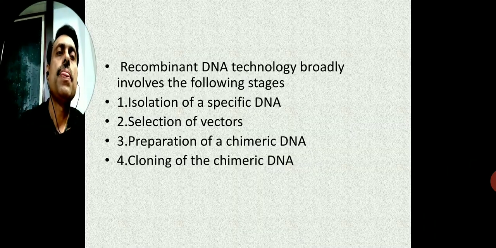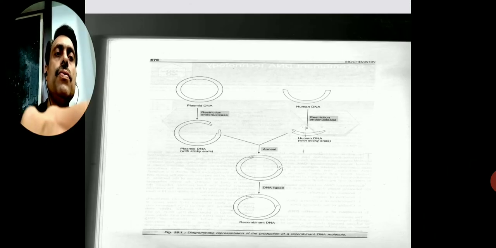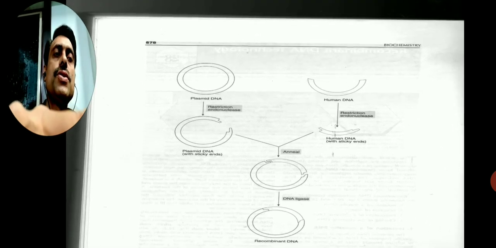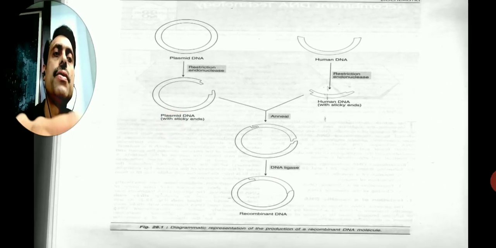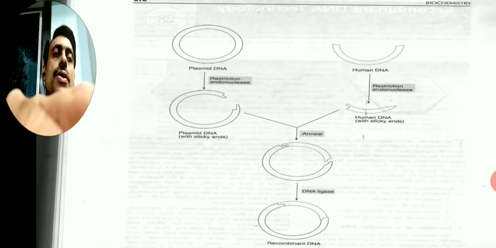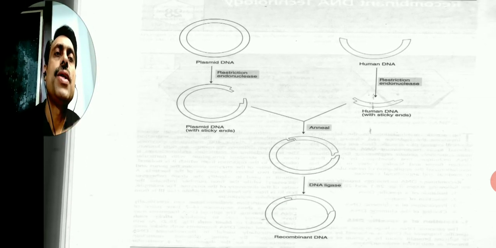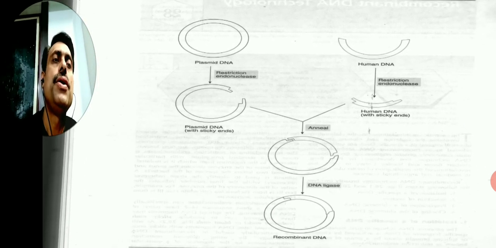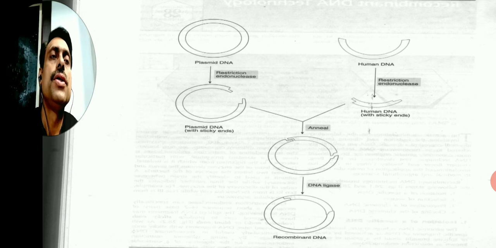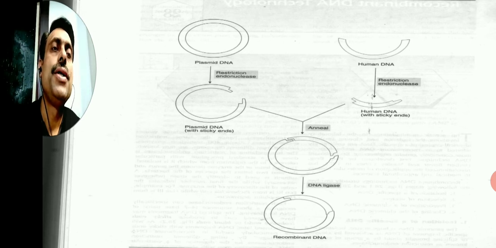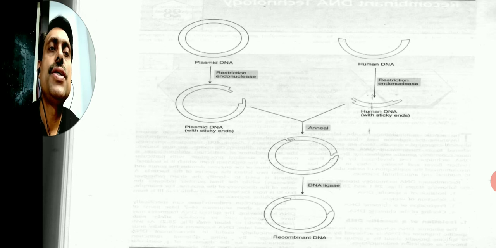We will start from the first and second phase. Circular DNA, that is plasmid DNA, and human DNA of interest are shown in this figure. Restriction endonucleases act on human DNA as well as plasmid DNA, giving human DNA with sticky ends and plasmid DNA with sticky ends.